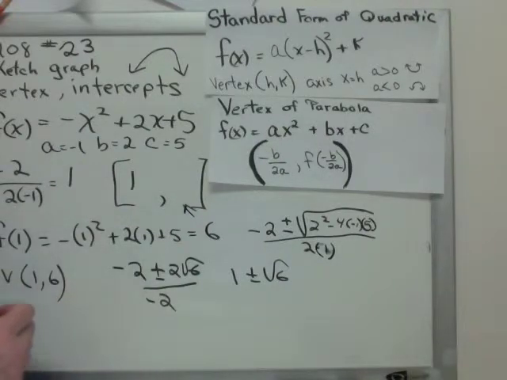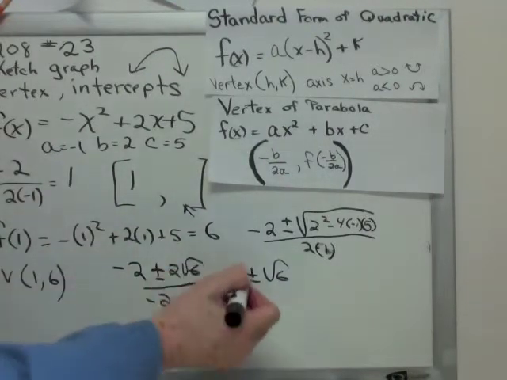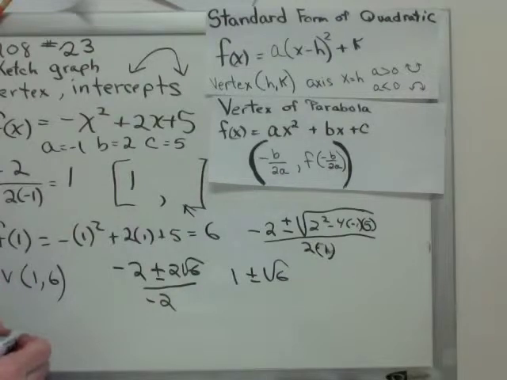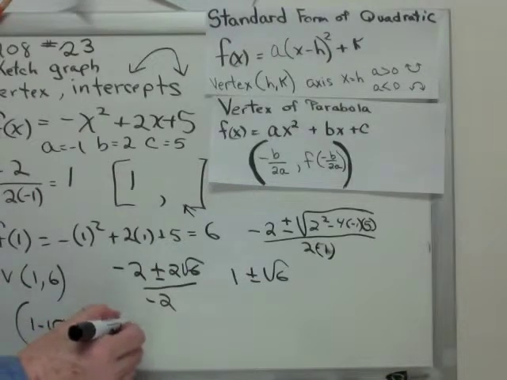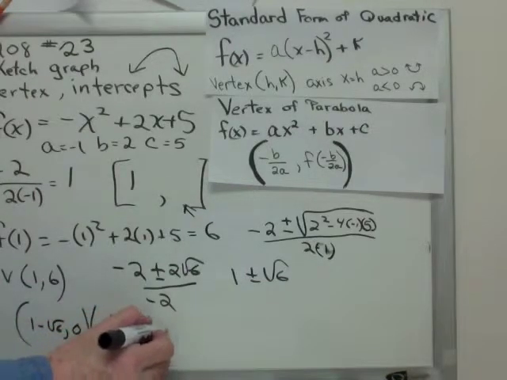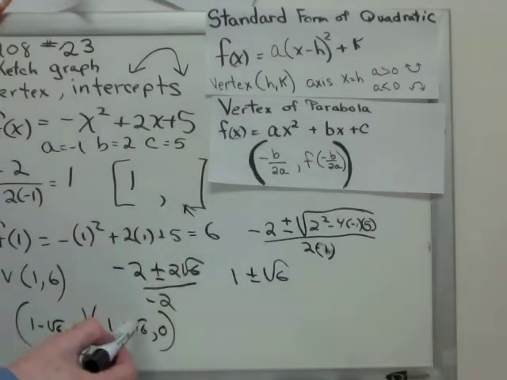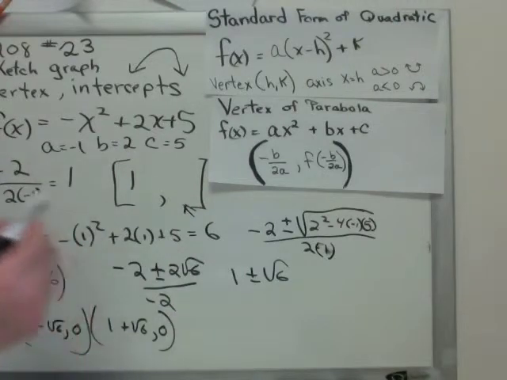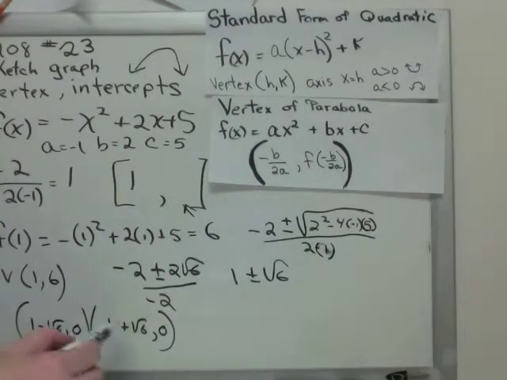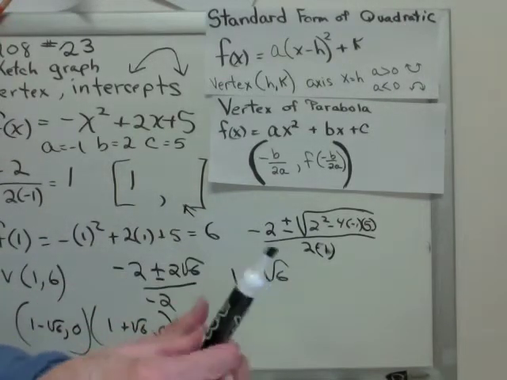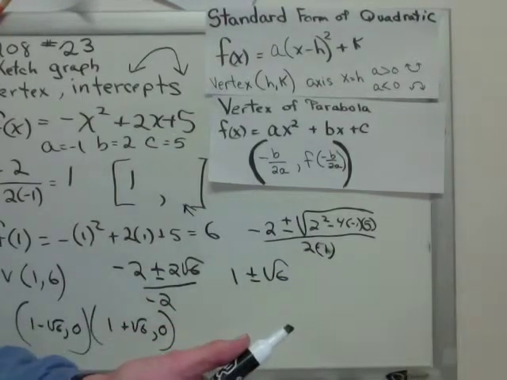So the intercepts, that's 2 intercepts. It's 1 minus root 6 comma 0 and 1 plus root 6 comma 0. And then to graph those, use your calculator to get a decimal approximation of these 2 points and plot your vertex and plot those 2 points, and you should come up with a nice graph.